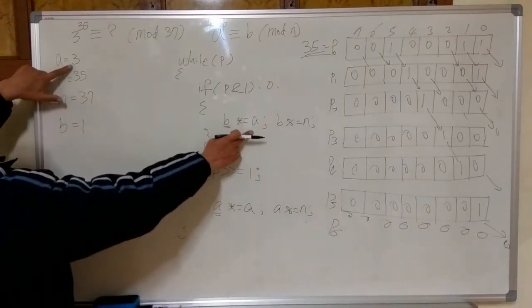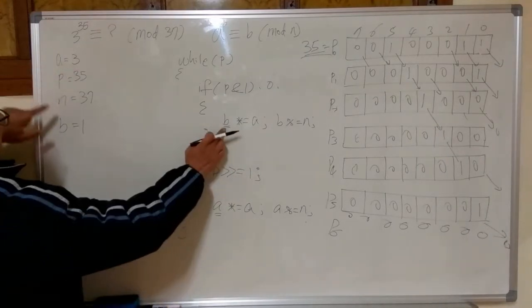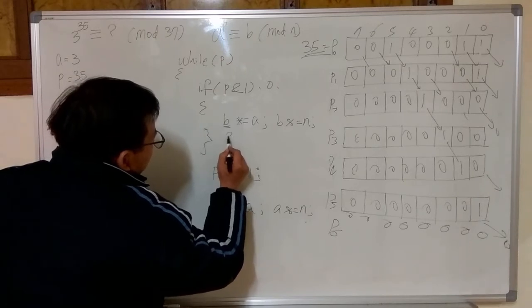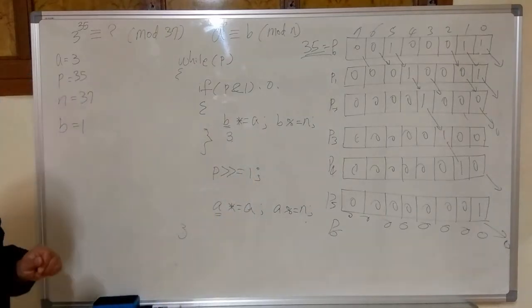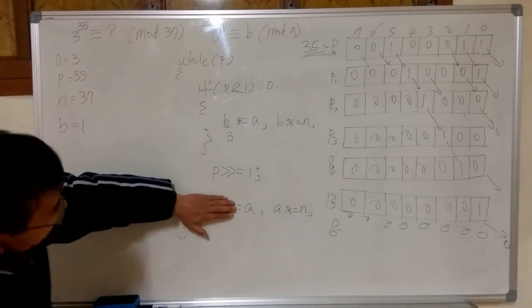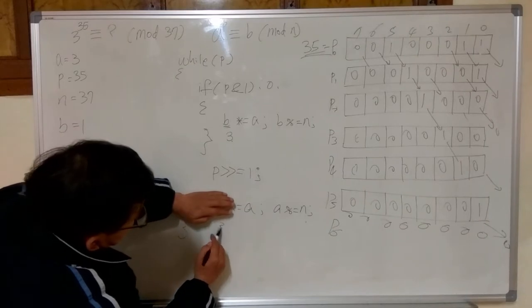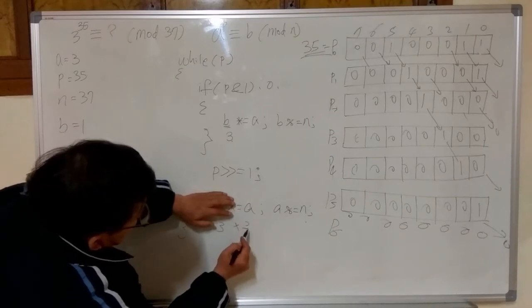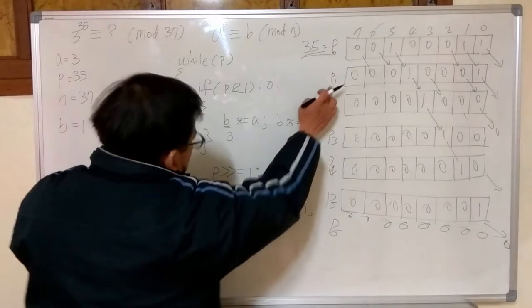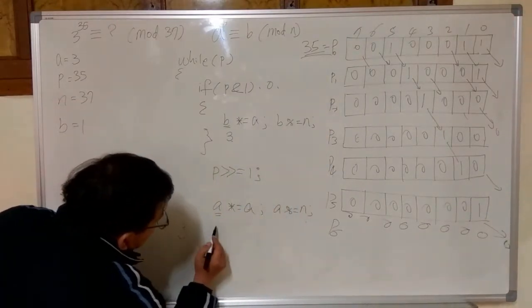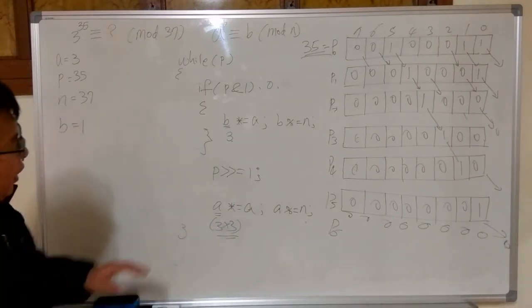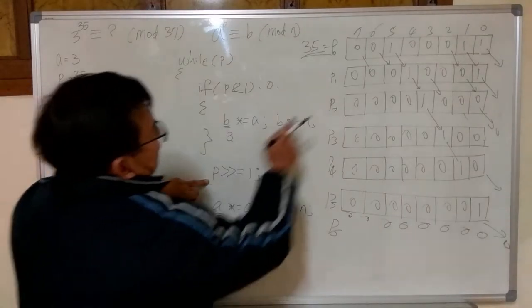Initially A is 3 and B is 1, so B becomes 3. After shifting at this stage, A becomes 3 times 3.